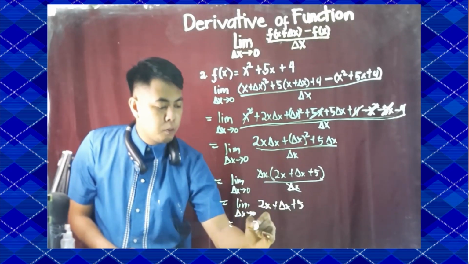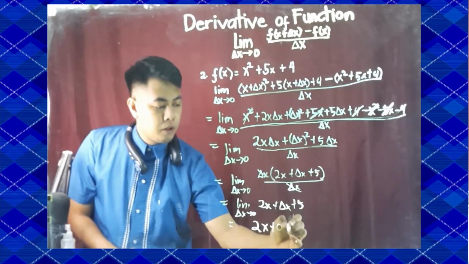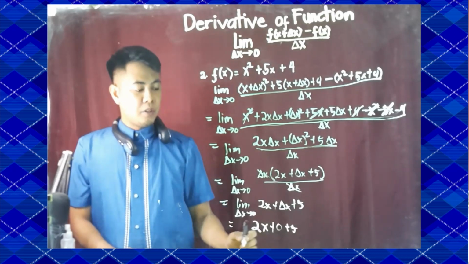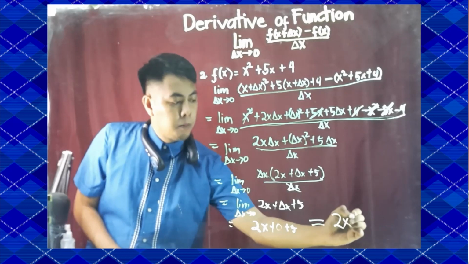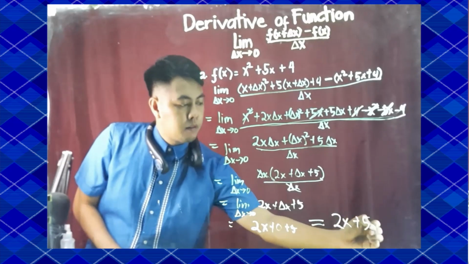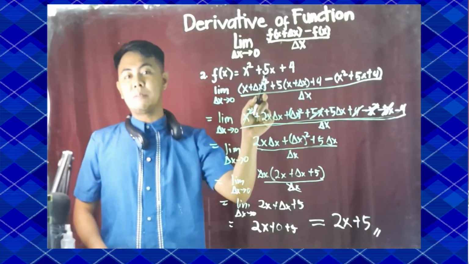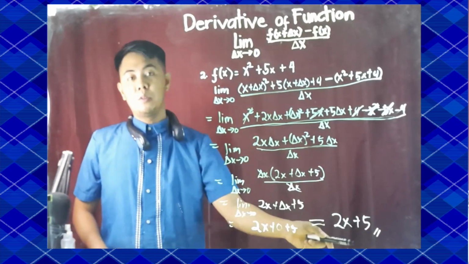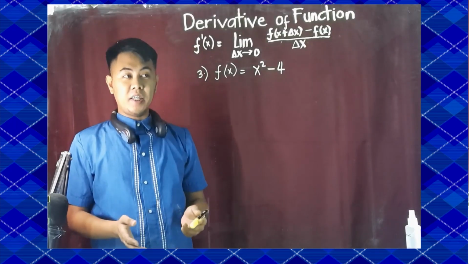So this will become 2x plus 0 plus 5. So the final answer is 2x plus 5. So this is now the derivative of the function x squared plus 5x plus 4. 2x plus 5. Example number 3.